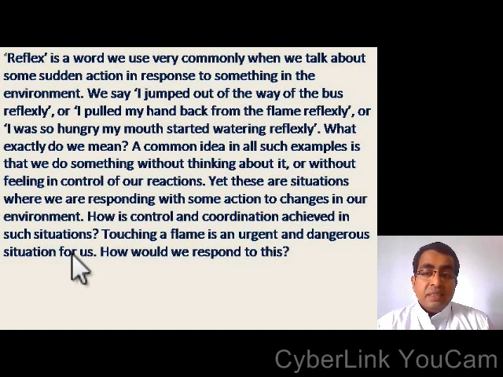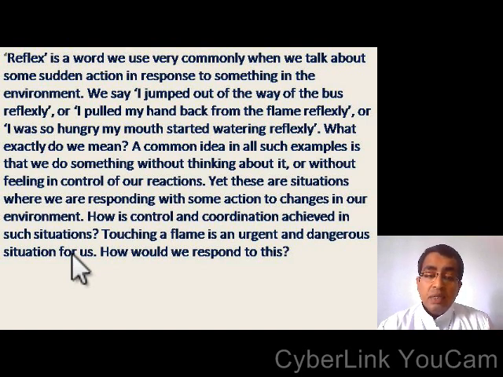Let us see the reflex action. Reflex is a word we use very commonly when we talk about some sudden action in response to something in environment. We say, I jumped out of the way of the bus reflexively, or I pulled my hand back from the flame reflexively, or I was so hungry my mouth started watering reflexively.